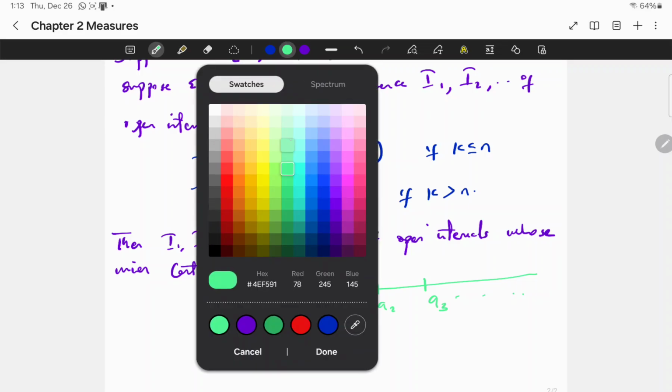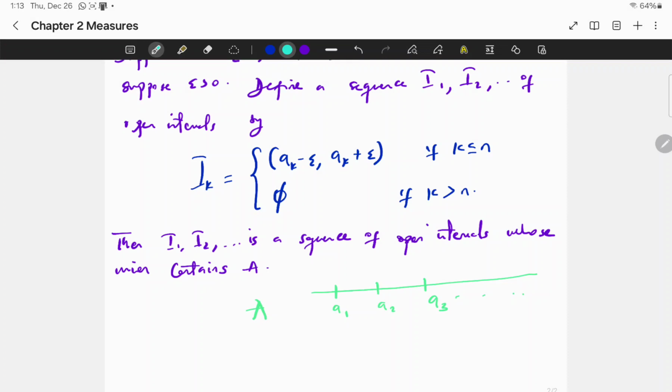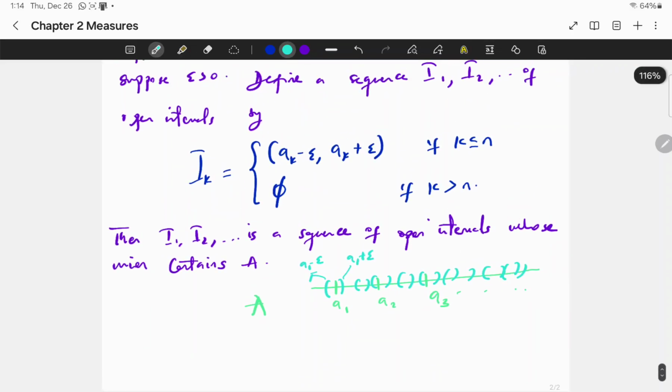Then we can find some open intervals: we just take this point, and this can be A1 minus epsilon, and this can be A1 plus epsilon. Then we continue like that and cover the whole of A.